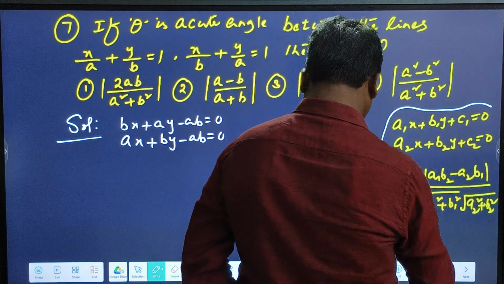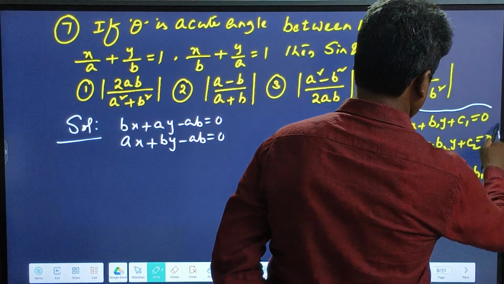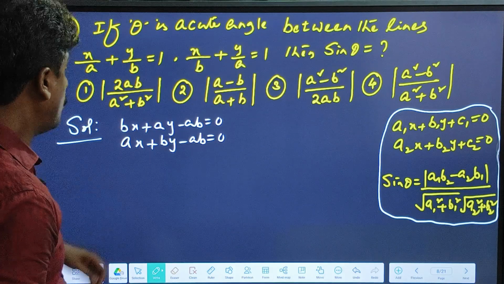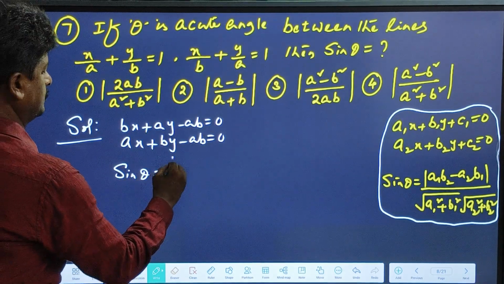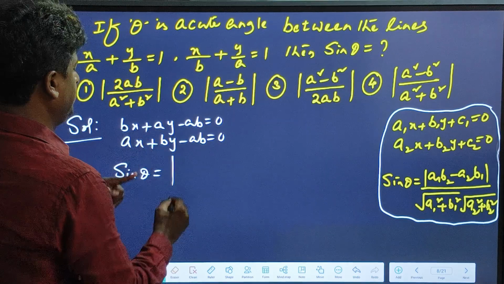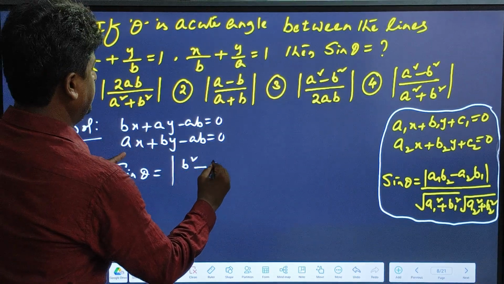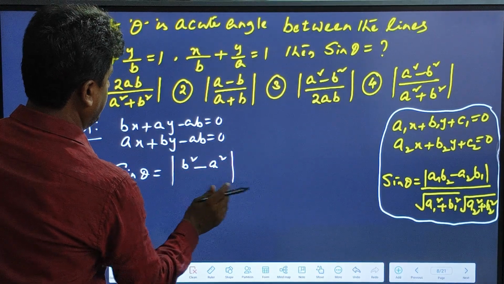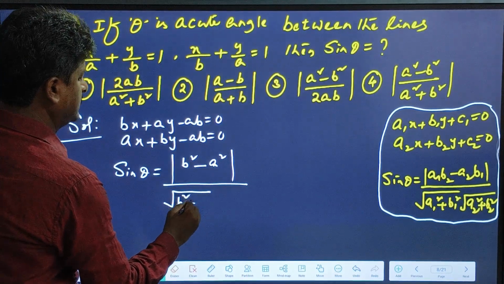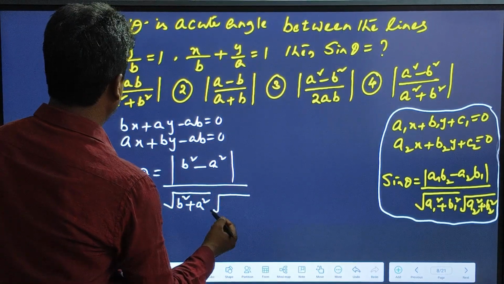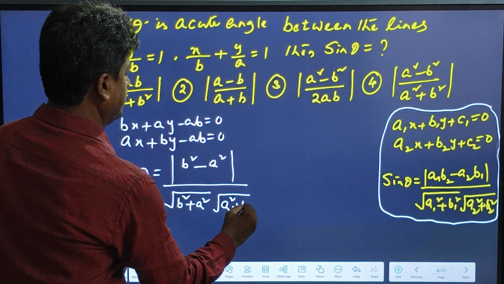So this is sin theta. With the help of that, we can find sin theta equals modulus of a1 b2 minus a2 b1 by under root of b square plus a square, under root of a square plus b square.